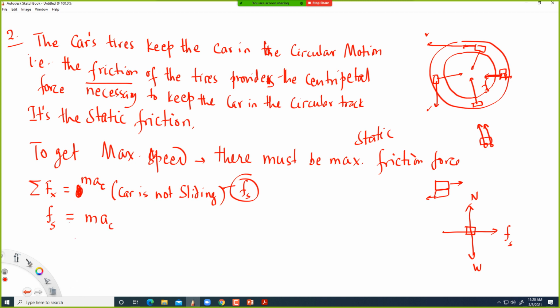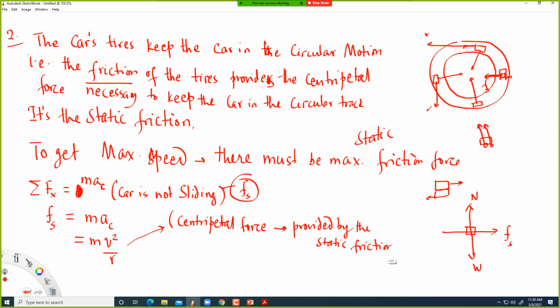So here, this m a_c is m v squared over r. This is the centripetal force, and it's provided by the static friction.